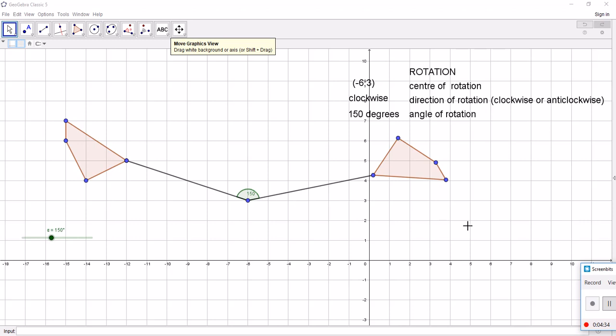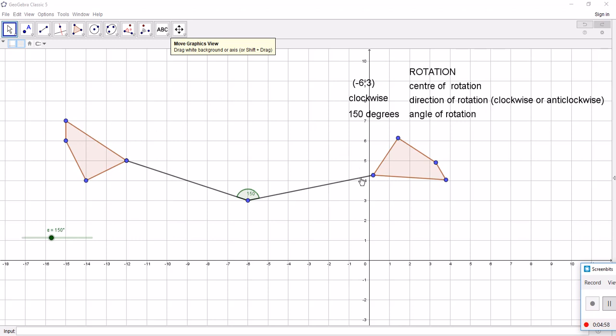So what you would do is put the crosshairs of your protractor on this point, and then you would run your 0 up this line. Then you would measure 150 degrees and put a little dot.